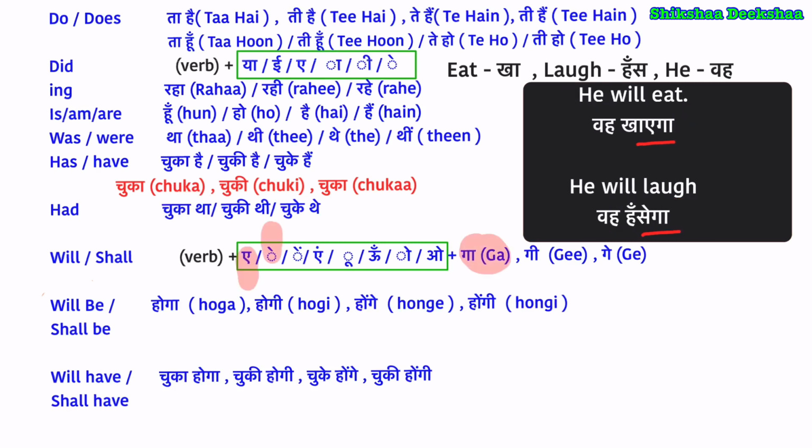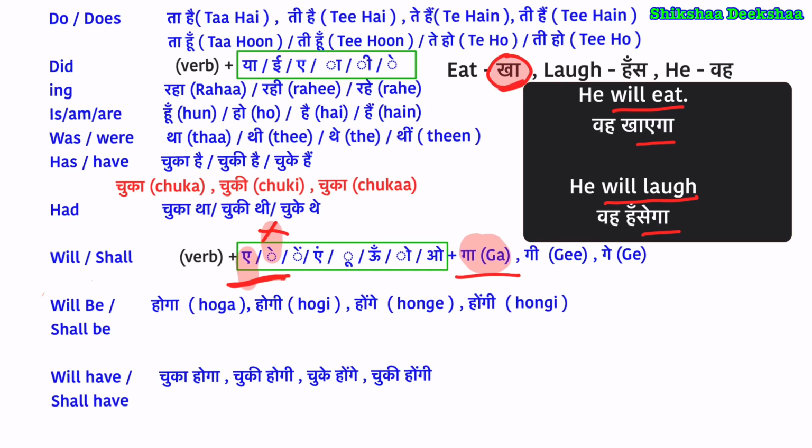Simple future tense. Will eat, will laugh. So, for our suffixes for the verb, we need to choose from one of these options, plus ga. Now, if your verb has a matra, you cannot write another matra on top of it. Like here, kha has an aa matra in it, right?